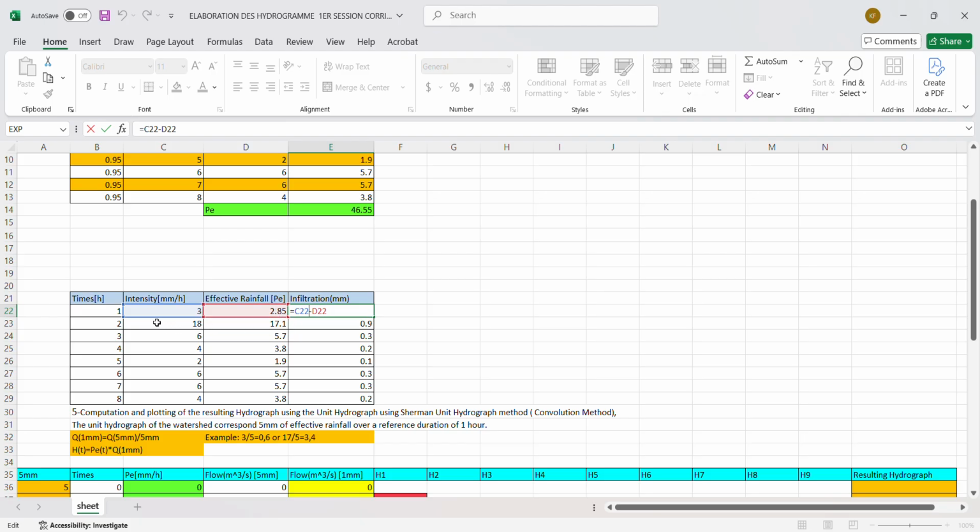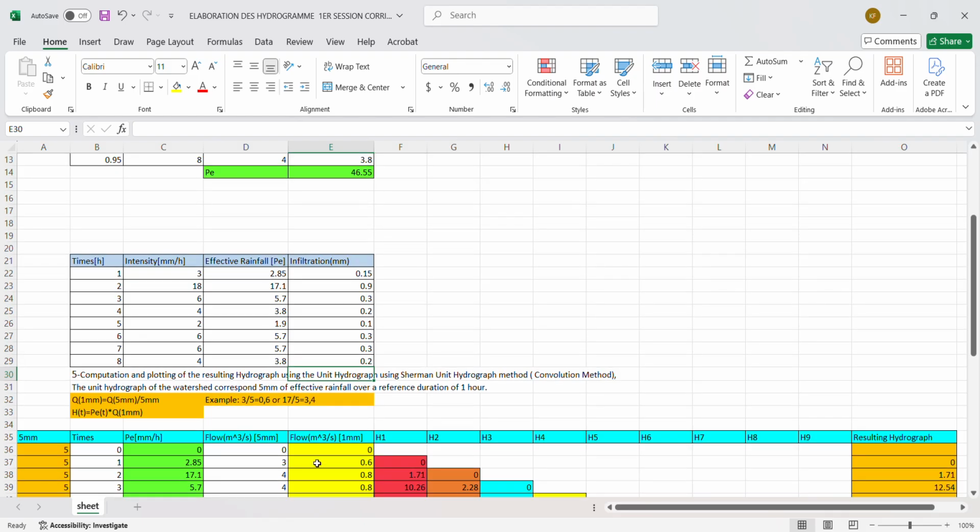We have the effective rainfall here that we calculated, and we have our intensity here from our observed data. 3 minus 2.85 gives 0.15. For the second one, we have 18 minus 17.1, which is 0.9, and you do the same process here. For the last one we have 4 minus 3.8, which is 0.2.